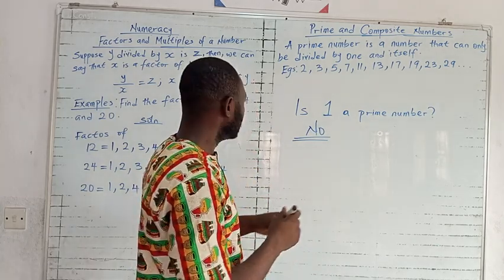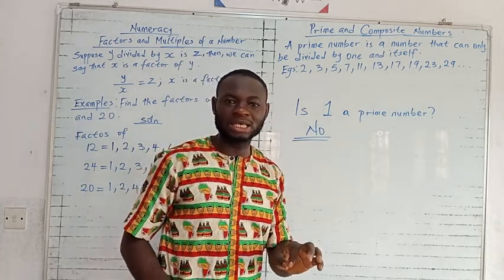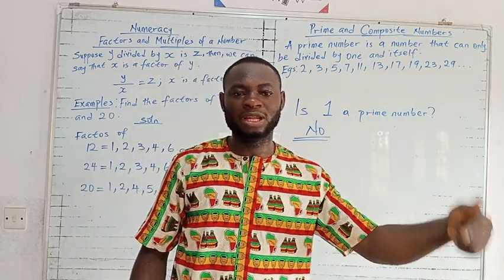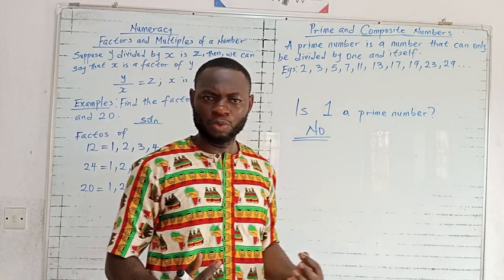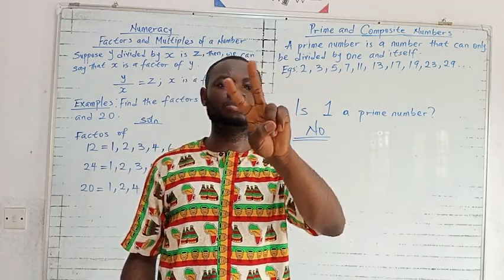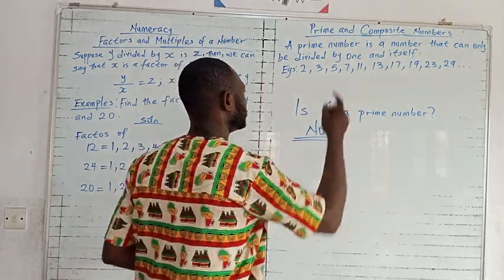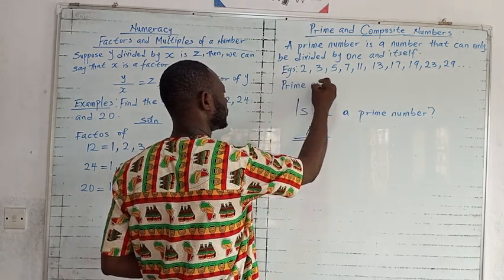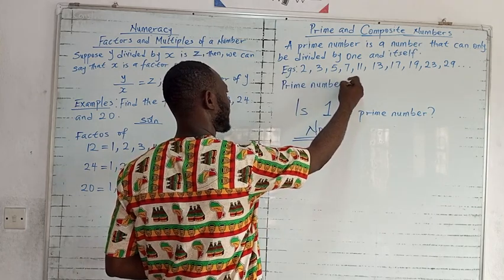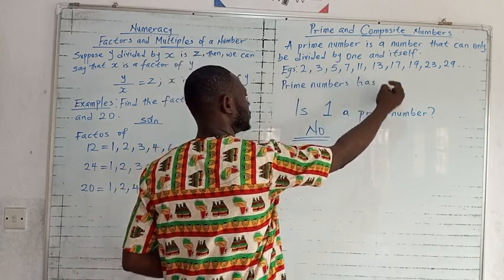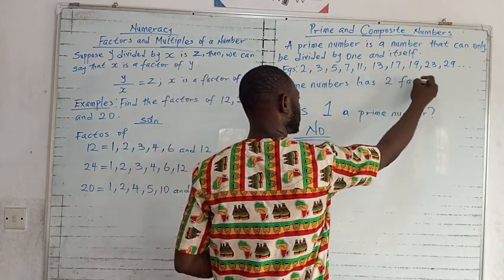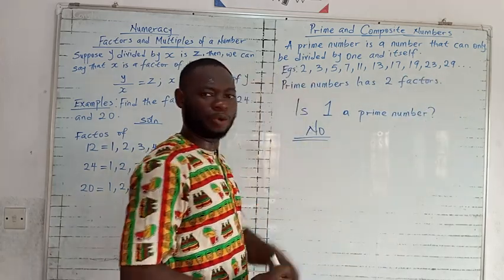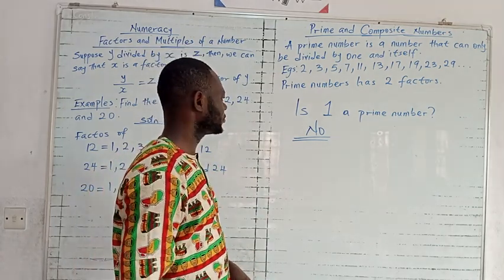Why? The definition for prime number says that a prime number is a number that can be divided by 1 and itself. In other words, prime numbers have two factors, which are 1 and the number itself.